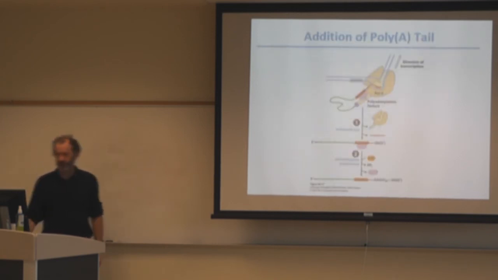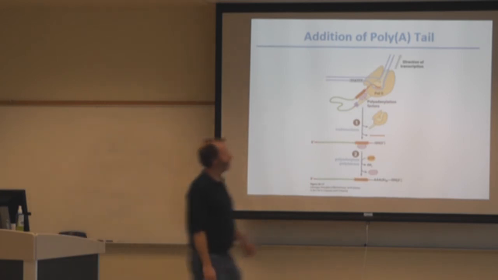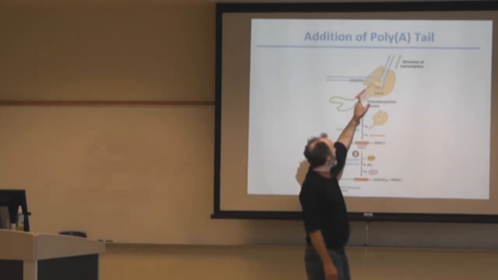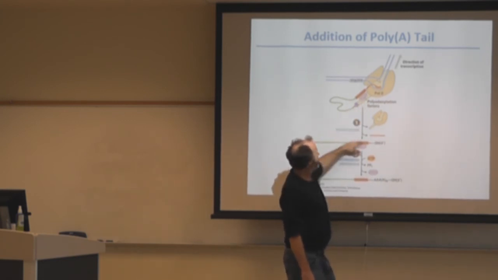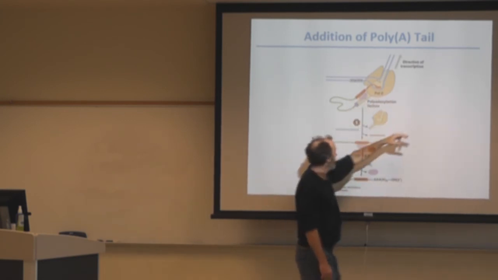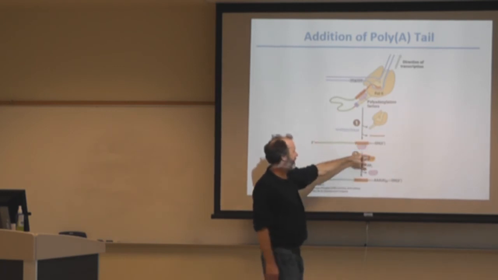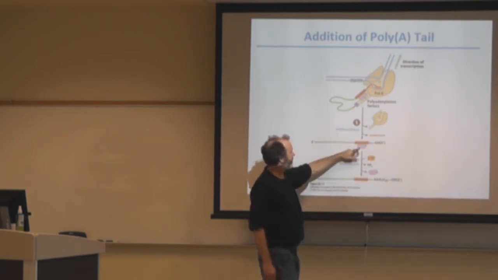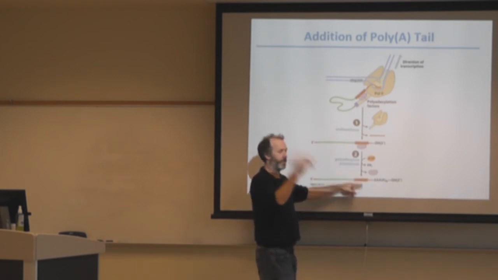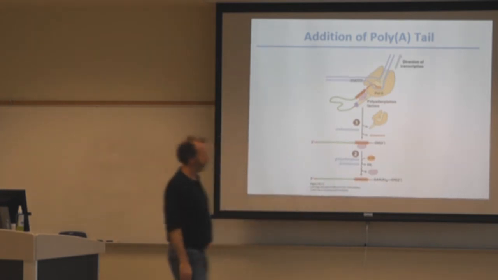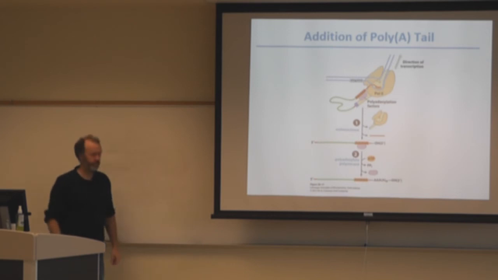Right, so we have the RNA polymerase, polyadenylation factors, the AAUAA comes off, endonuclease cleaves off the rest of that. You have the AAUAA. And the polyadenylate polymerase just adds multiple A's. That's that.